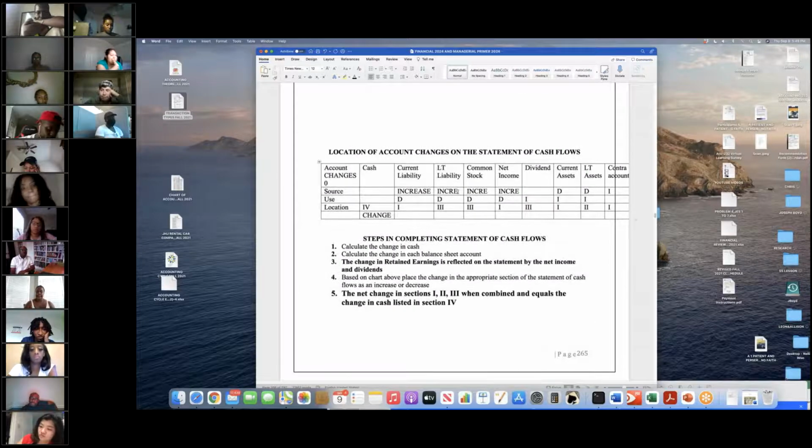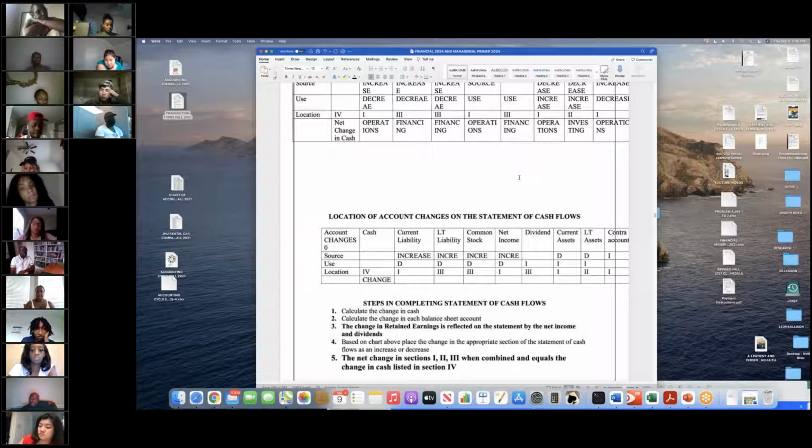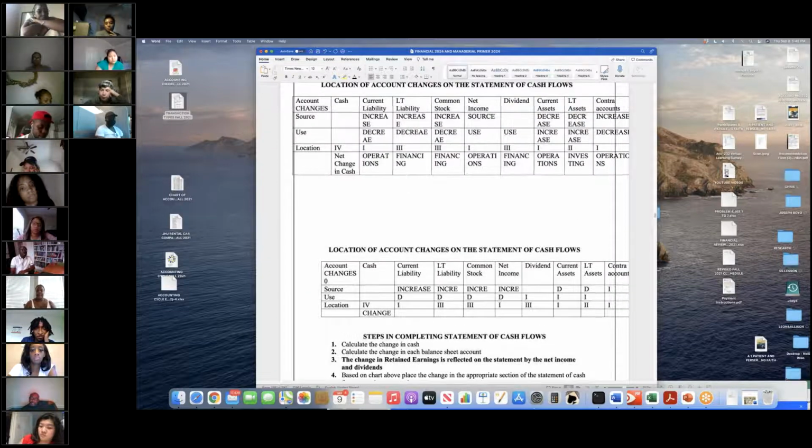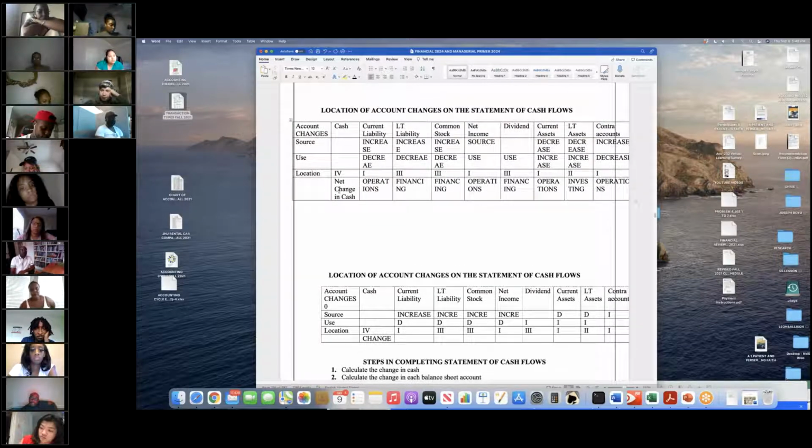where we're going to put all of these items, and we're going to look at the changes in all of these items to come up with the change in cash. We're looking at the changes in operations, investing, and financing.